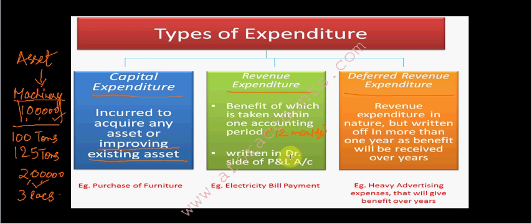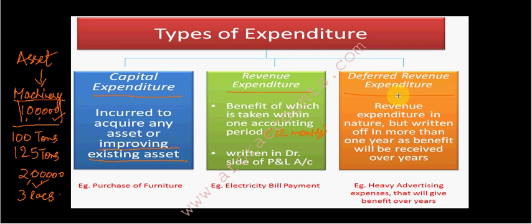In the debit side of your profit and loss account, you note revenue expenditure. Again, debit and credit will be discussed later in a lot of detail. So till now you must have understood that expenditure to acquire an asset or to improve the existing asset is called capital expenditure, and expenditure whose benefit is taken within one accounting period, that is within 12 months, is known as your revenue expenditure.